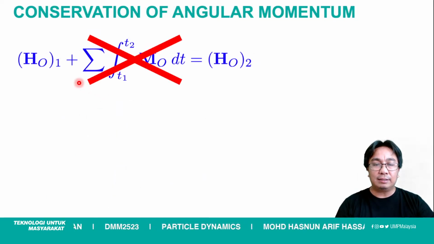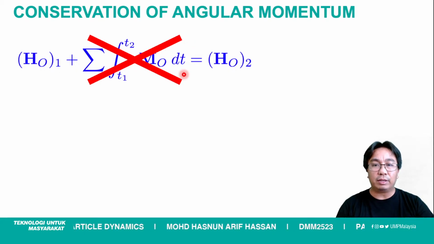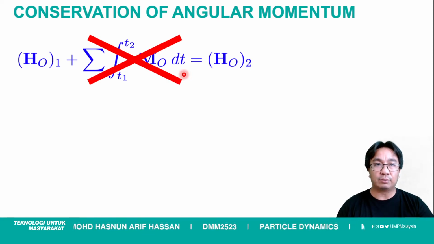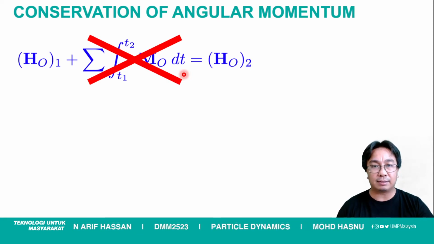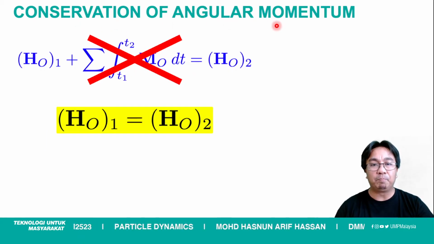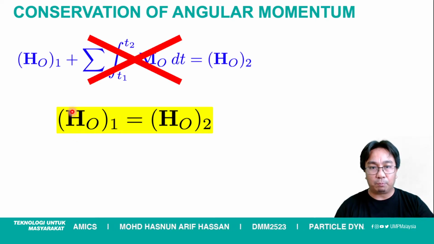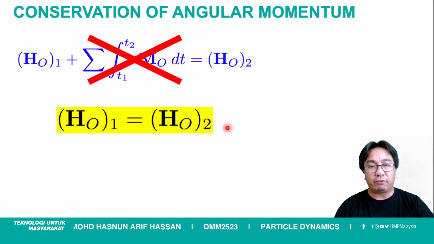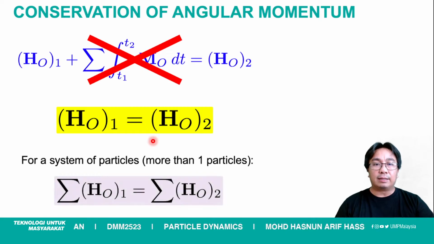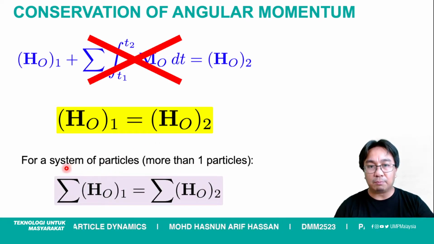When in any case the angular impulse is equal to 0, then, like what we had in the previous lesson also, we are going to have the conservation of angular momentum, which states that the initial angular momentum about point O is equal to the final angular momentum about point O. In the case of more than one particle, we are going to have a system of particles.